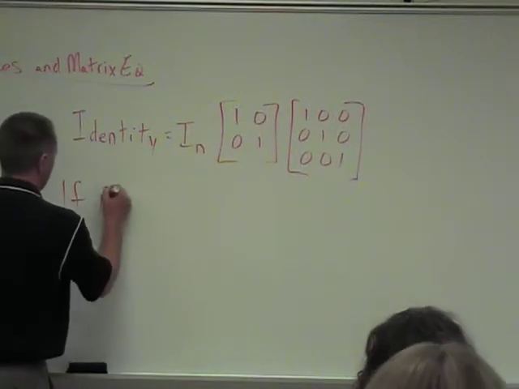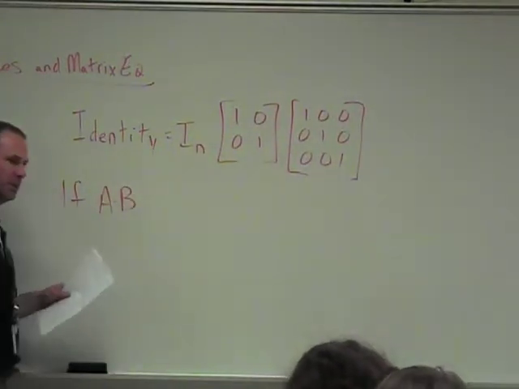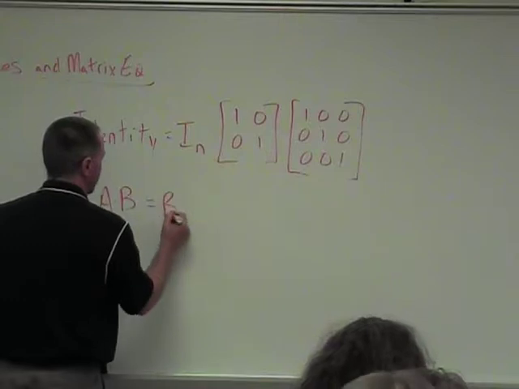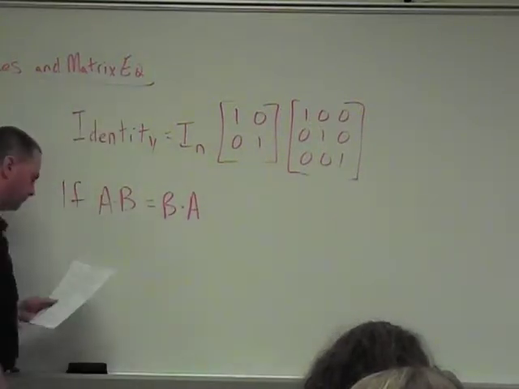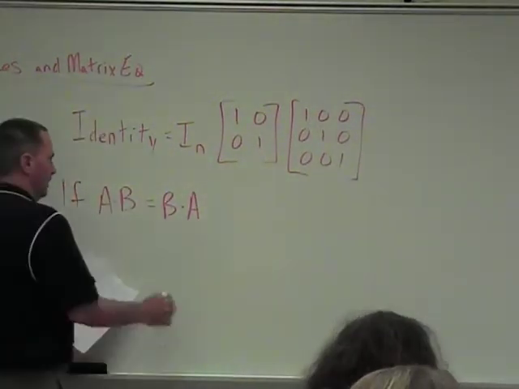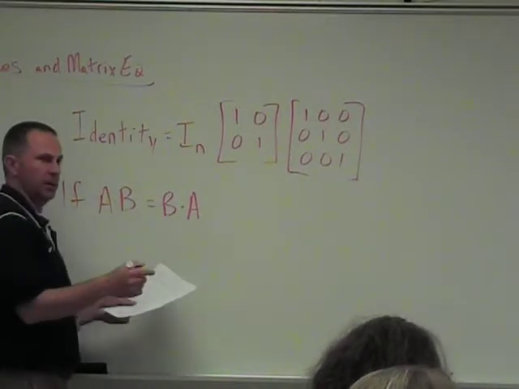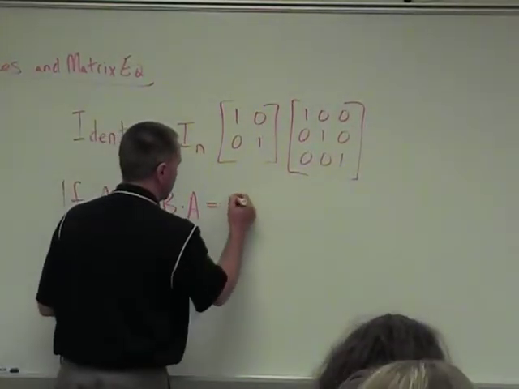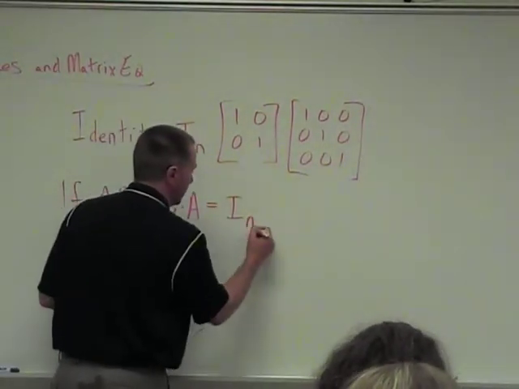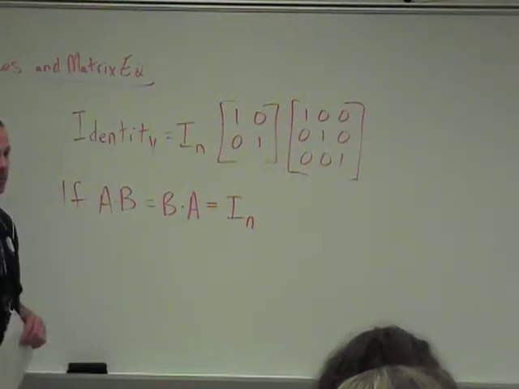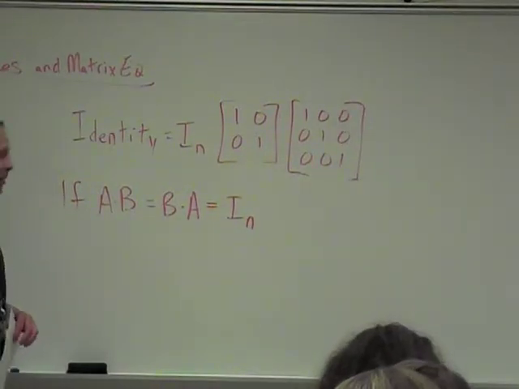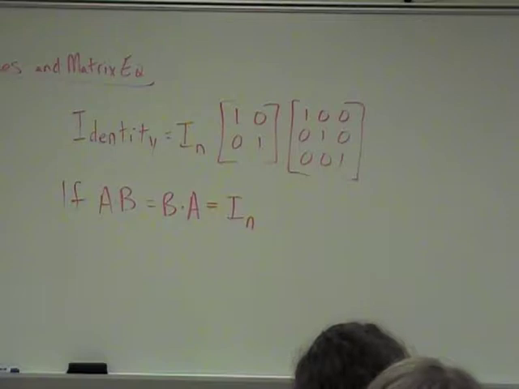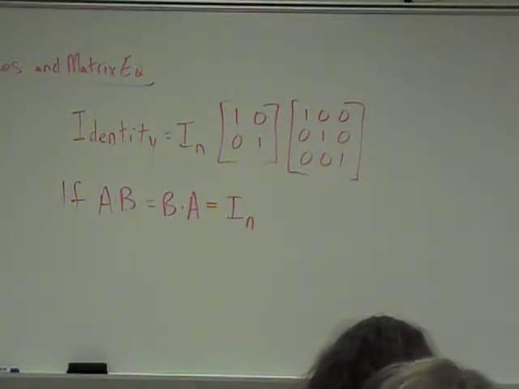All right, so let's just talk about something basic here. If A times B, matrix A times matrix B, equals matrix B times matrix A. Meaning 2 times 3 is the same as 3 times 2. It's the same type of thing. If those are equal, and when you multiply those out it equals the identity matrix, meaning if something times its inverse equals the identity, that means they are inverses of each other.